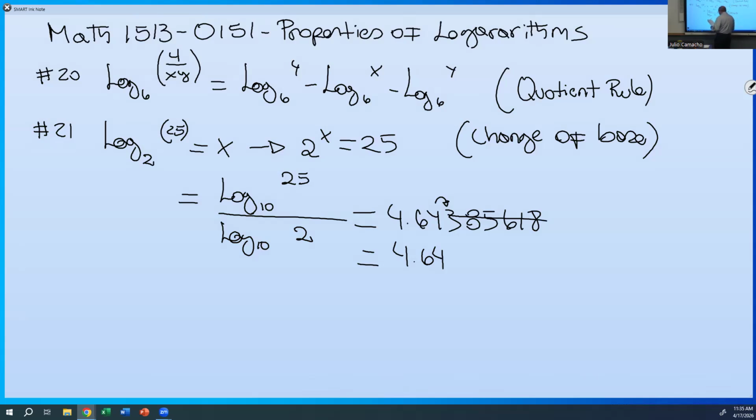So that is example number 21. Let me give you a minute to copy your notes, and let's go to the following example. We're almost done. Again, I try to find all the examples that I found that will help you to do your assignment.